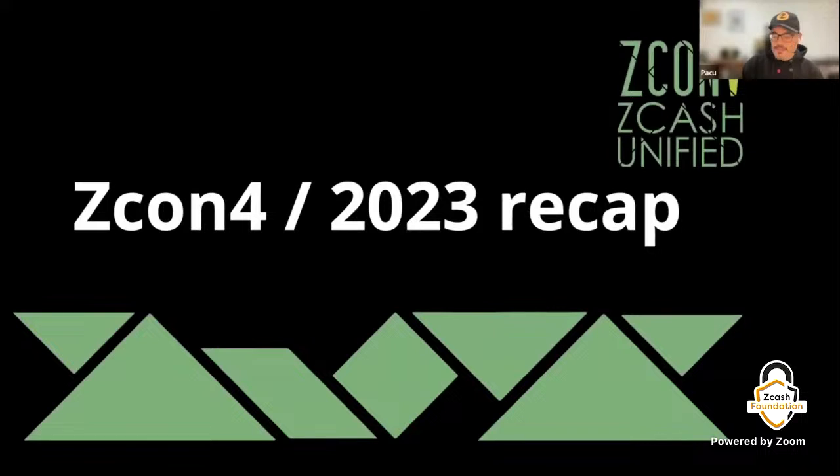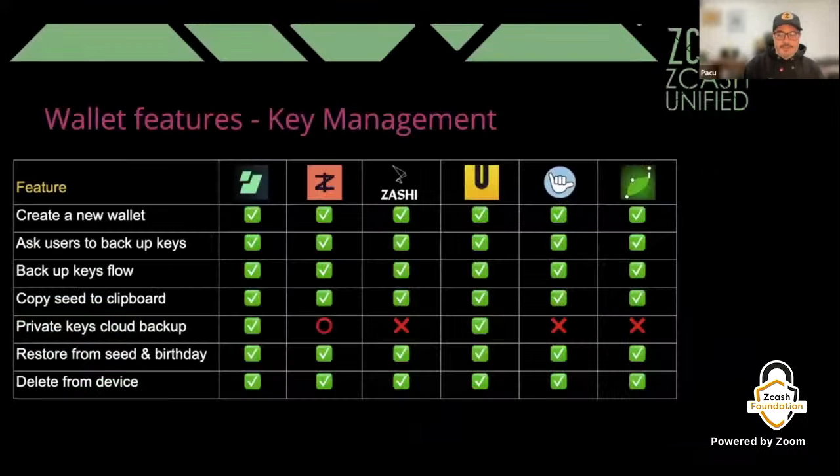I'm going to kickstart this with a short recap of what we were talking about last year in Zcon 4 on the wallet workshop. This is the 2023 state of the shielded wallets.